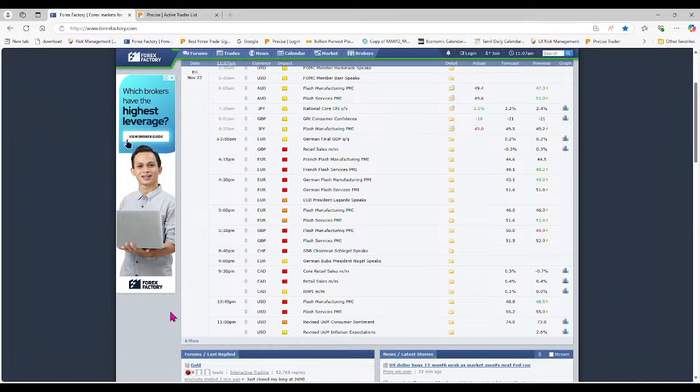Okay, today there is a couple of data that is going to be out. In fact, we have GBP retail sales month on month. That one I think I overlooked. That is at 1500 hours. Then we have French, Euro, German flash PMI.